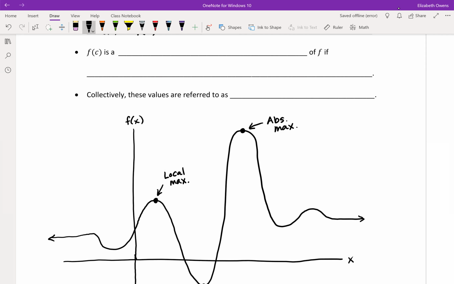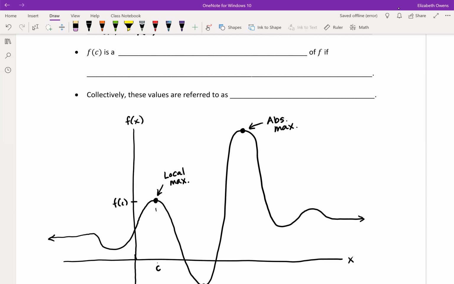So like if this is our local max f of c, this would be the value c down there. And so the local max is, okay, it's the biggest thing when x is near c, within some little interval on the x-axis there. It's the highest y value associated with those x values.